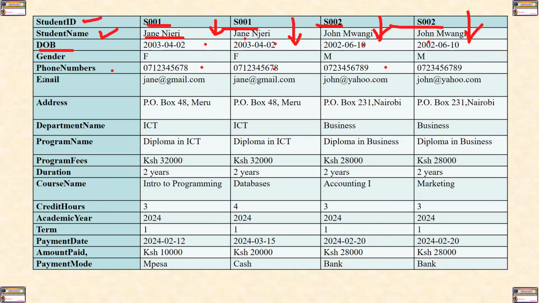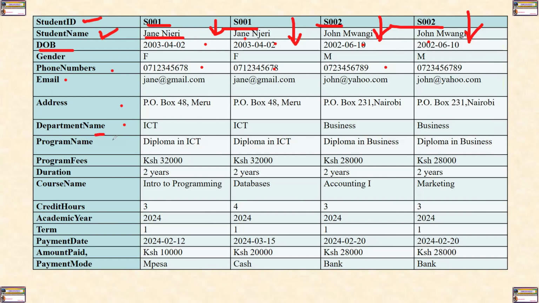Remember, the overall task when you are developing a table in the first normal form is simply to split the data which has been put together or collated into separate fields. Splitting, that's the key. Email has not been split. Address has not been split. The department name has not been split.